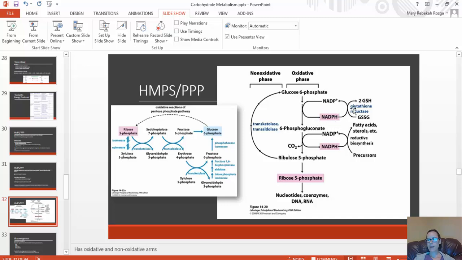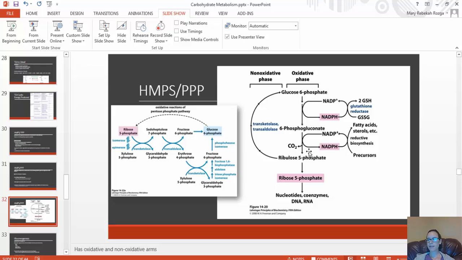And this is catalyzed by G6P dehydrogenase. So again, this makes sense. We have the NADP. It's reduced by taking the hydrogens from the G6P to produce NADPH. So this is G6P dehydrogenase.